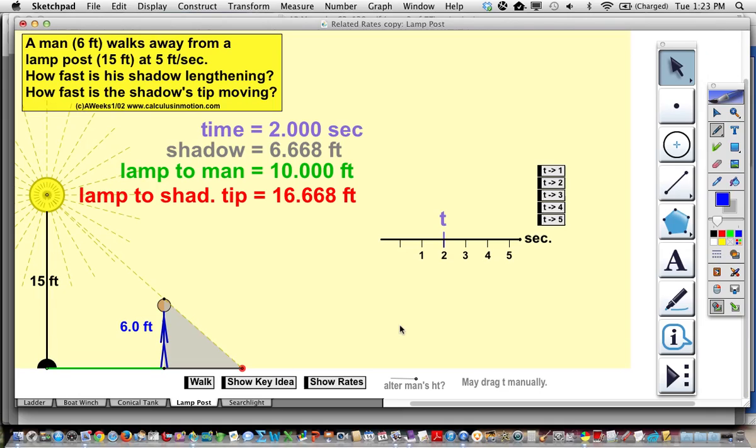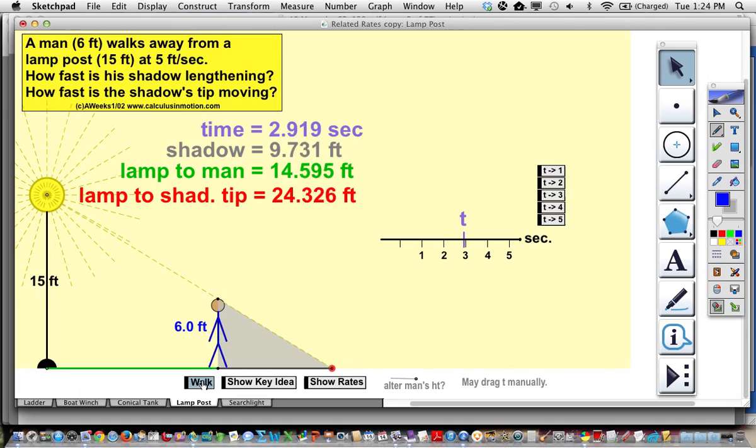So x prime is the rate that the green changes, and what speed or rate would that be in this problem? How fast he's walking, right? So the green prime would be how fast he's walking.